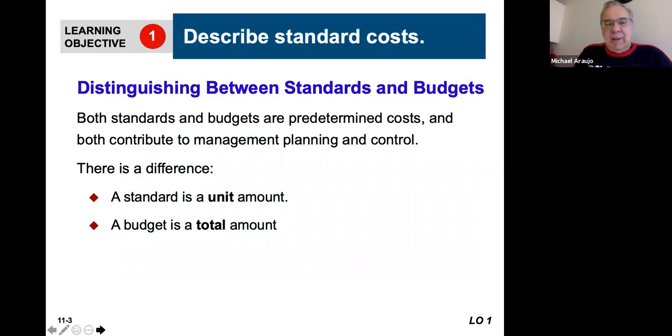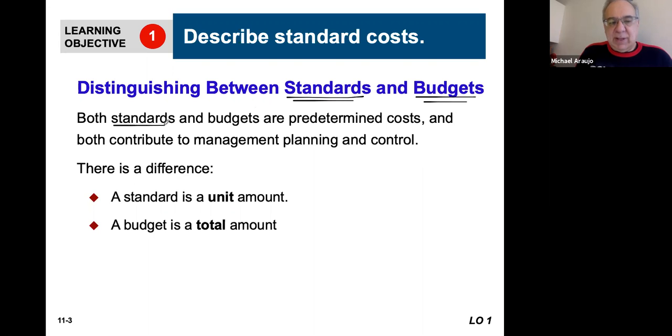So we've been talking a lot about budgets in the last few chapters, and you all have seen how budgets look at a total amount, right? Well, we're going to look at something called a standard today, and understand it as a little bit different than budgets.